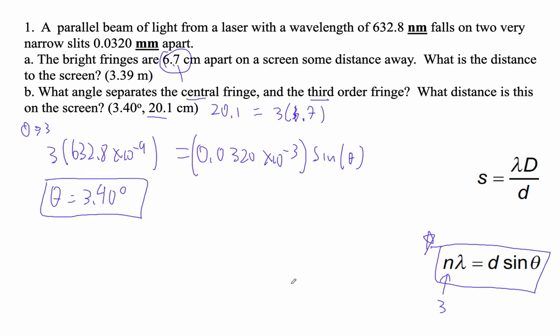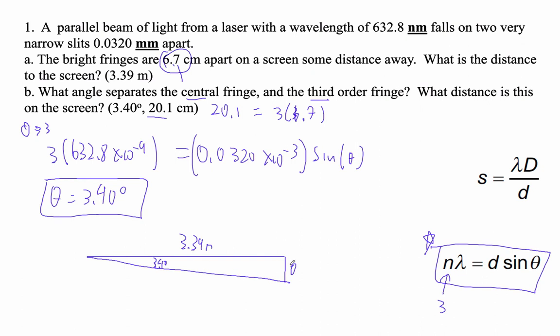Yay. All right. And then, by the way, if you wanted to figure out what distance that was on the screen, let's do that, okay? The screen is 3.39 meters away, and we know this angle is 3.4 degrees, right? So this is our opposite side. Here's our adjacent side.